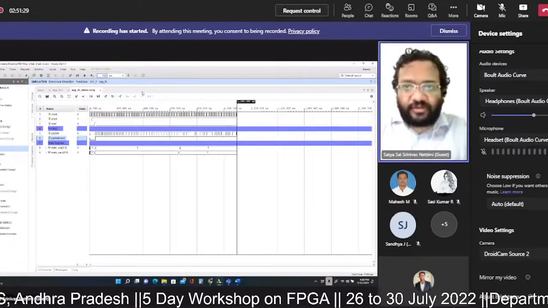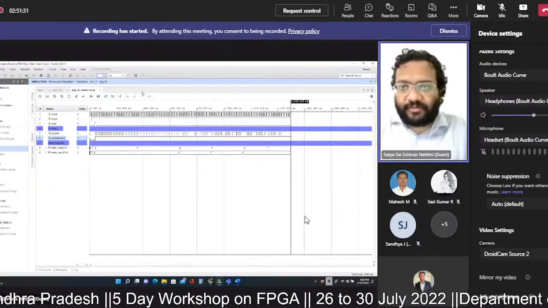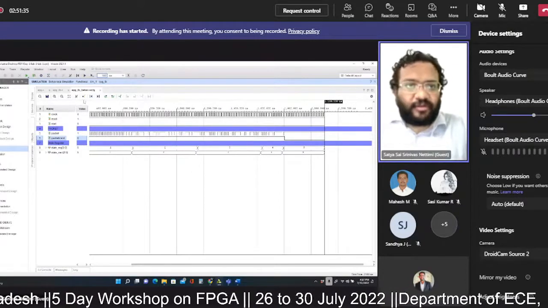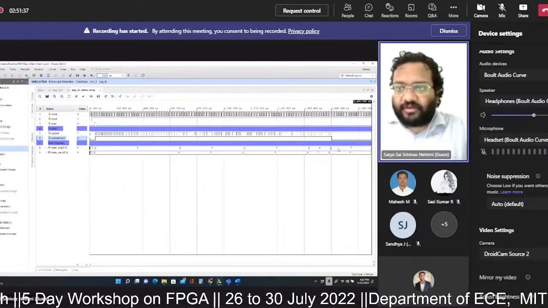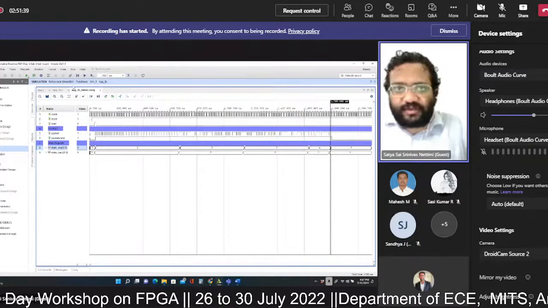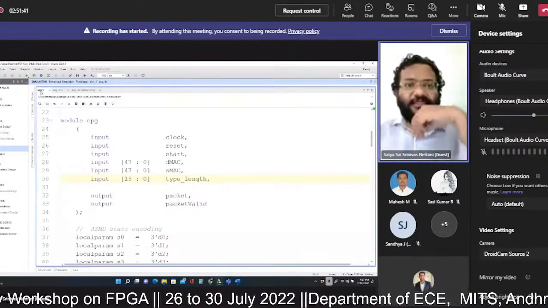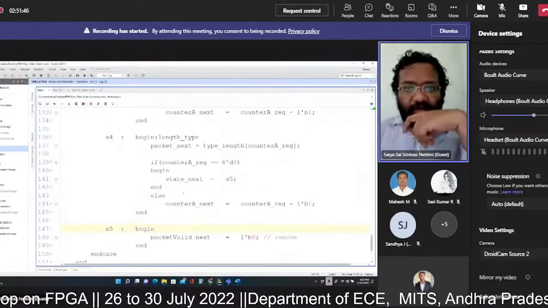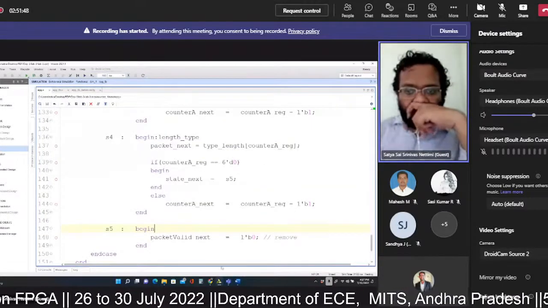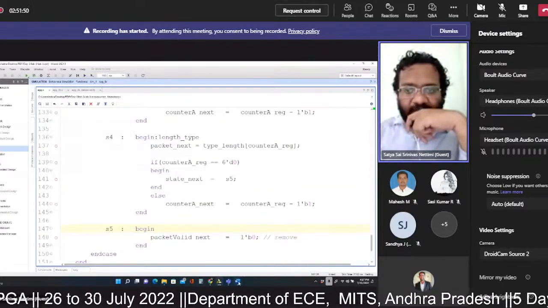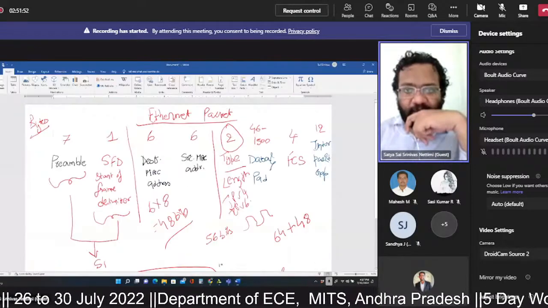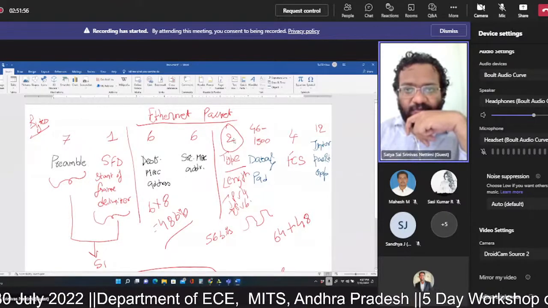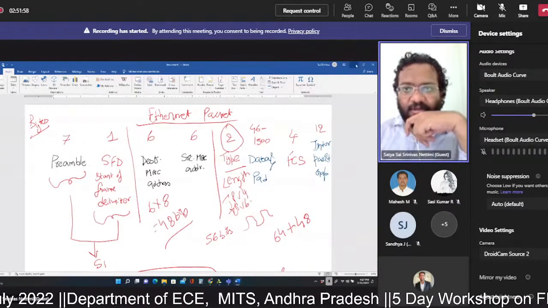Now I will just check it. The FSM has switched to state number 5, S5. In S5 we have not yet defined any operations as of now. We have completed realizing the Ethernet packet data up to the type field, so 1, 2, 3, 4, 5 fields we have completed.